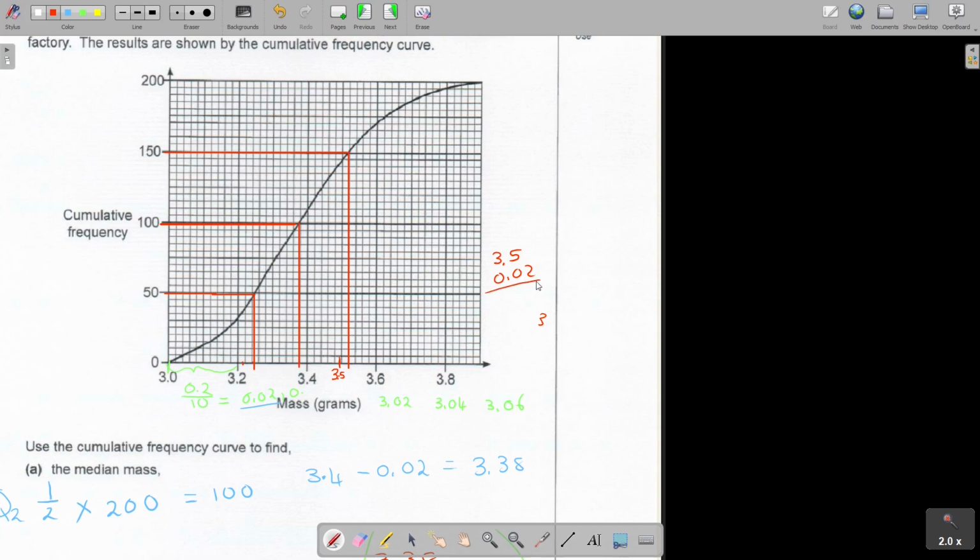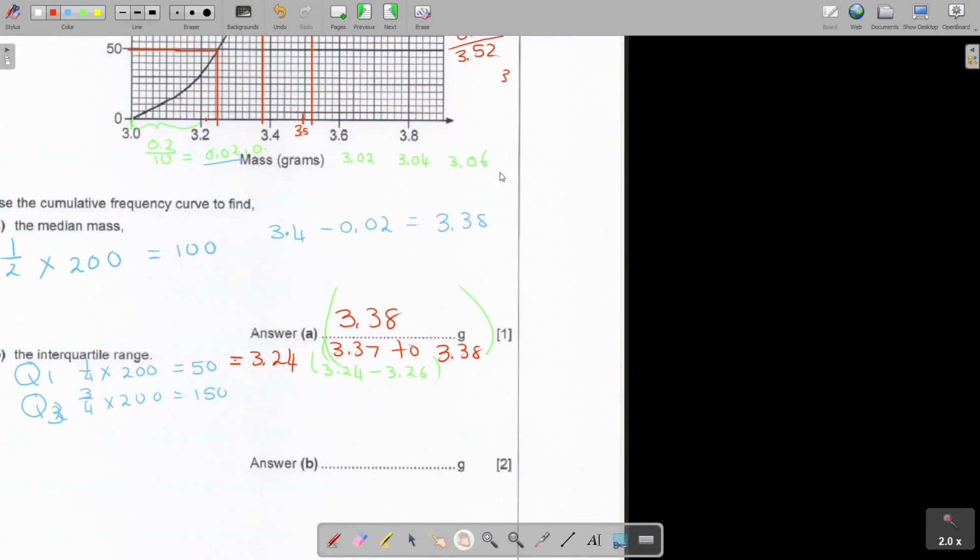Do you see that? 3.52. So the scale was difficult, yes. And again, they accept if you had 3.51 to 3.52, due to that line that, according to me, was moving a little bit.